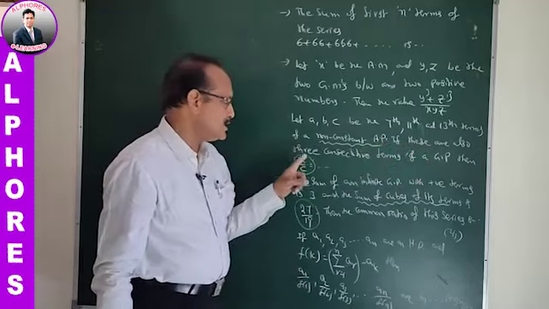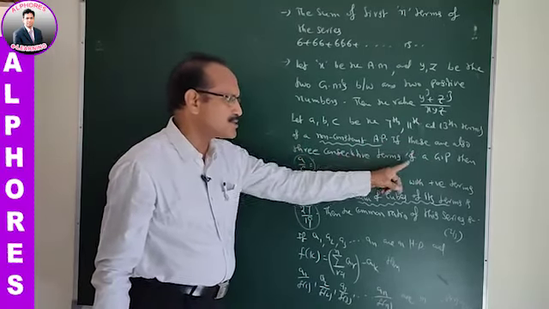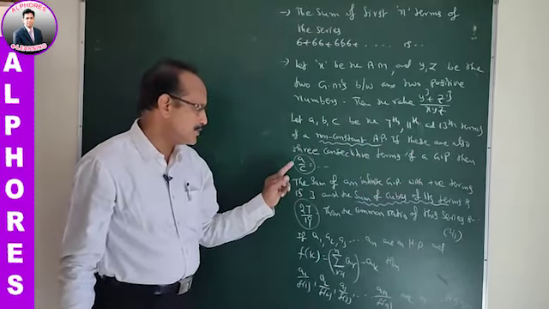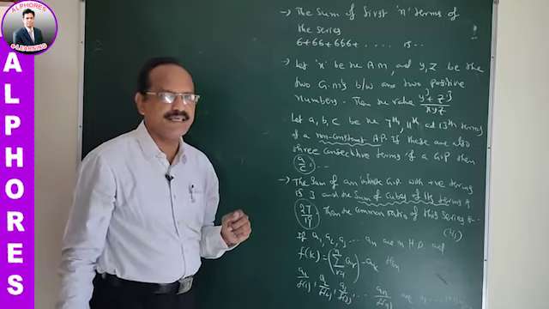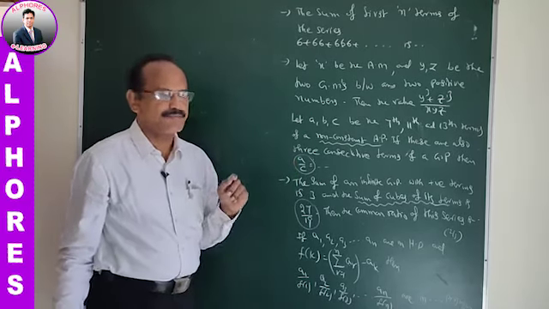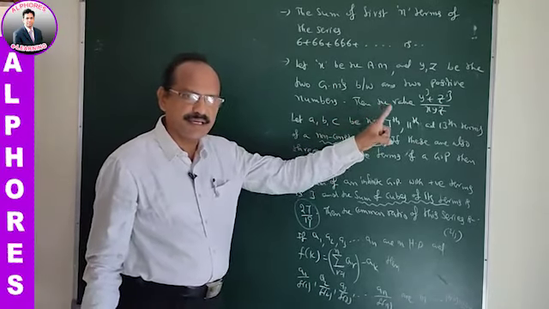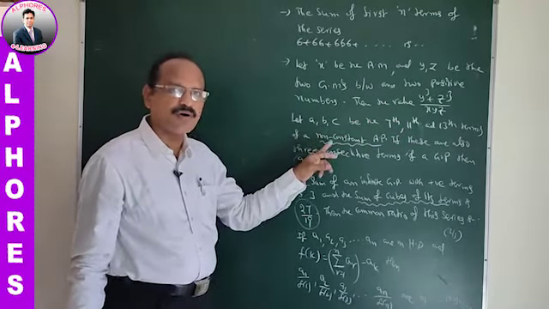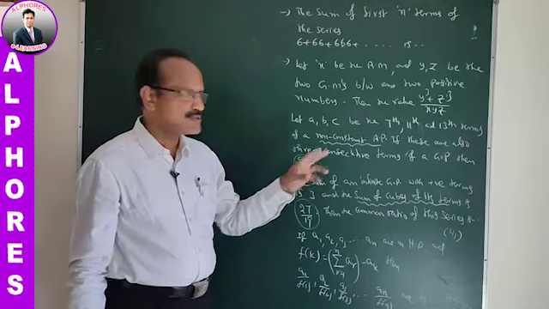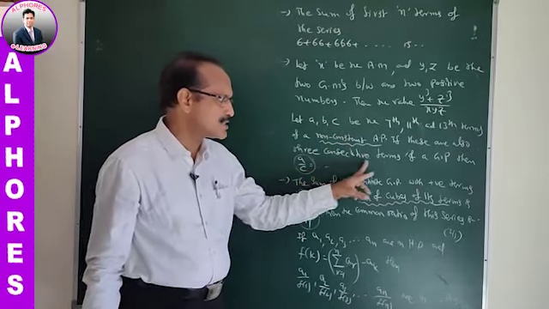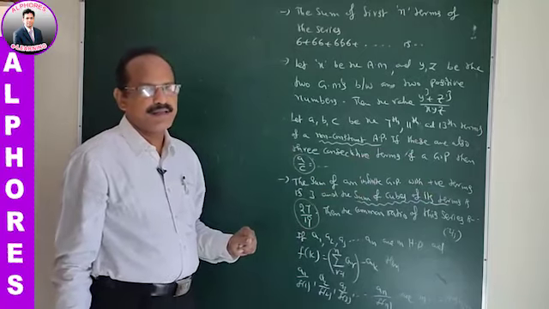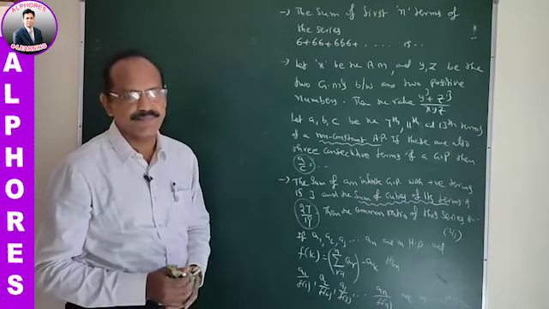If these three are also 3 consecutive terms of a GP, then what is the value of A by C? Once again, the question: A, B, C are the 7th, 11th and 13th terms of a non-constant AP, and these 3 terms are also consecutive terms of the GP. Then what is A by C?